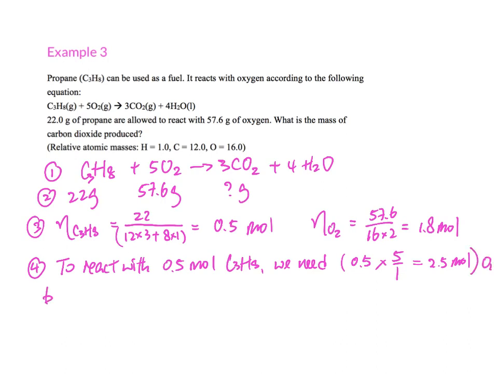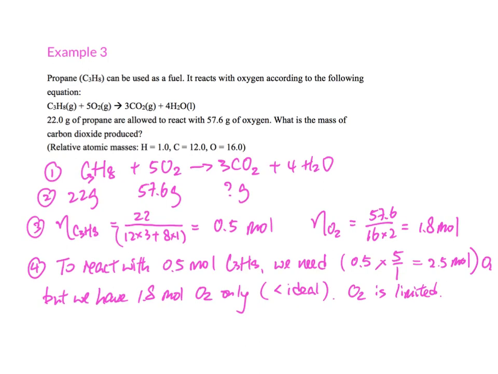But we have 1.8 mole O2 only. So you find out this one is smaller than the ideal. If it's smaller than the ideal, then O2 is limited. As O2 is limited, I will use this one to calculate the CO2.